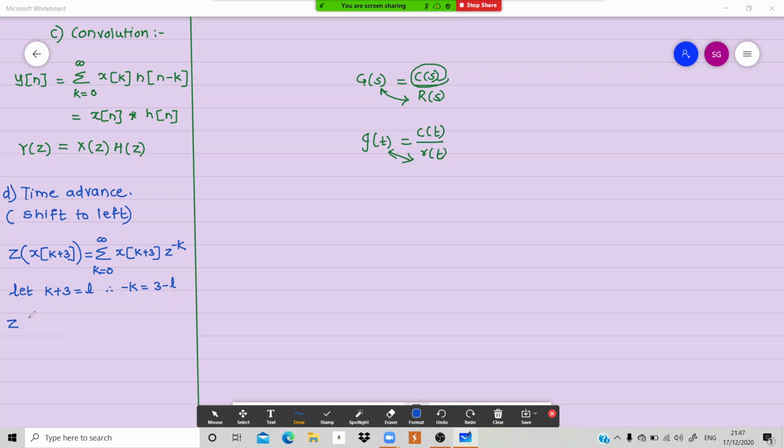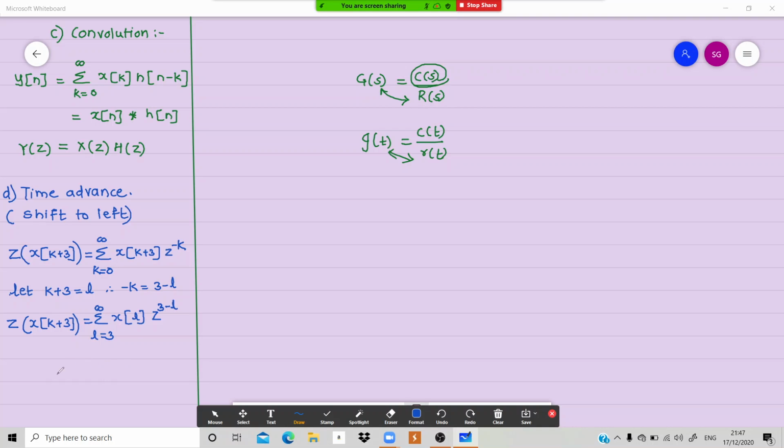So Z of x of k plus 3 is equal to summation, now when k equal to 0, L will be equal to 3, so L equal to 3 to infinity x of L, and z raised to minus k, that means z raised to 3 minus L. Correct?